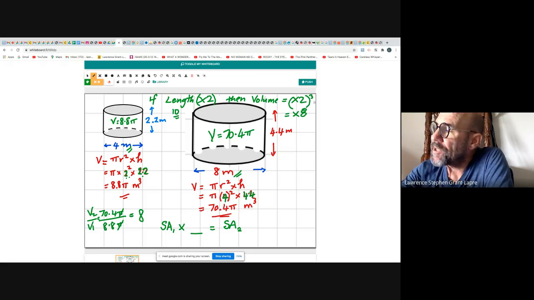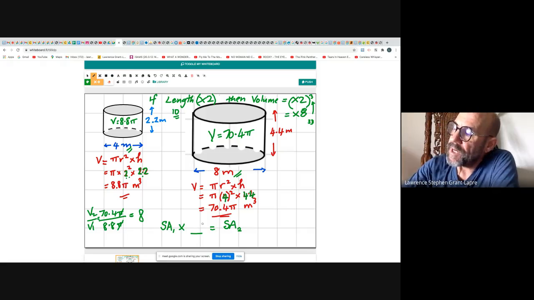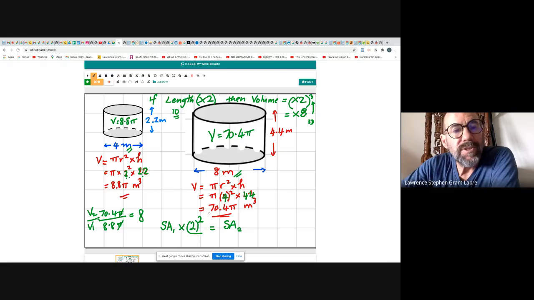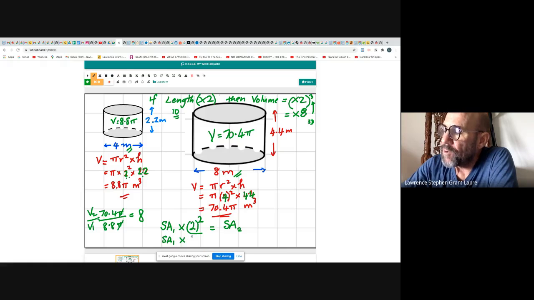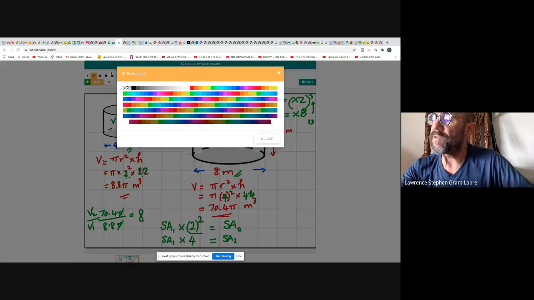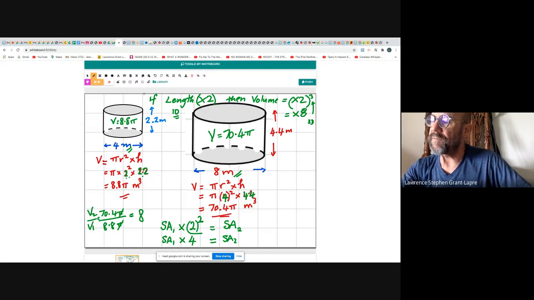Volume is 3 dimensions, thus the cube. Area is 2 dimensions. If it doubles, then it's double squared. It will be 4 times bigger. So the surface area of the small figure to get to the larger surface area will be 4 times bigger. And I've just looked at an example of double.